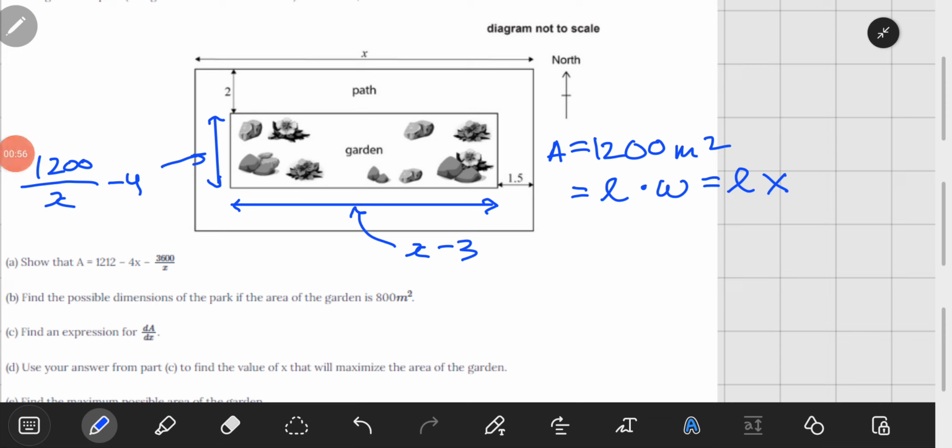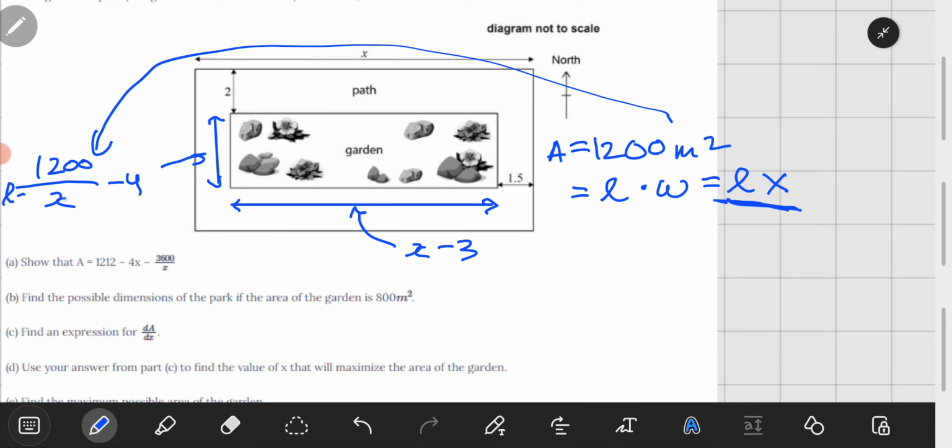Okay, so to solve for this question, we know that area is equal to 1,200 meters squared, and area is also equal to length times width, where we'll have our width be x. If we rearrange this equation, keeping our unknown variable x in, we can write our length as the area divided by x, minus 4, the two additional side lengths.